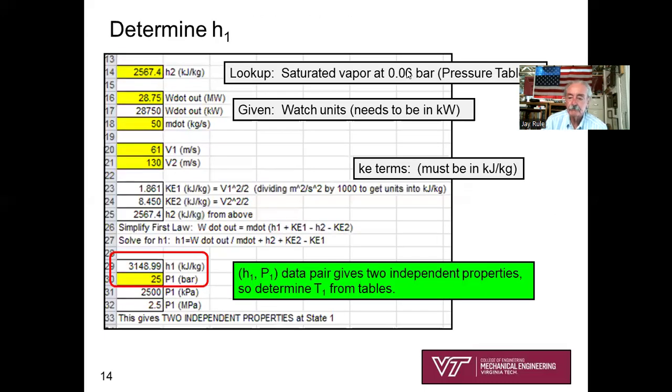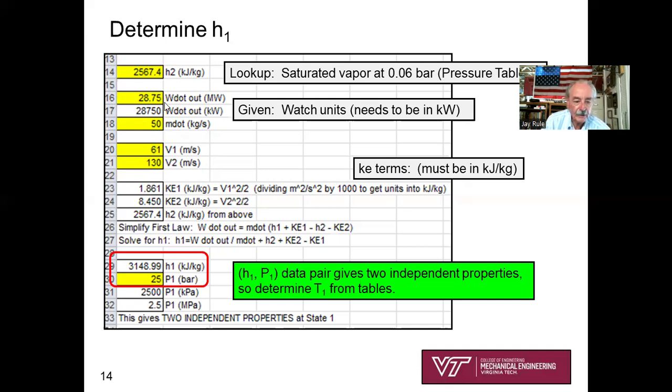All right, so now back to our problem at hand, numerics. Okay, I looked up H2, 2567.4, just showed you that. I'm going to write down W dot out is 28.75 megawatts, but when I study my first law, I see that I've got to have W dot out in kilowatts or kilojoules per second to keep my units uniform.